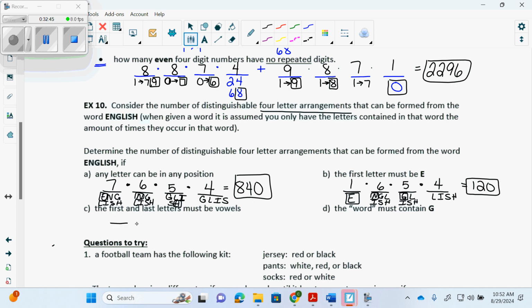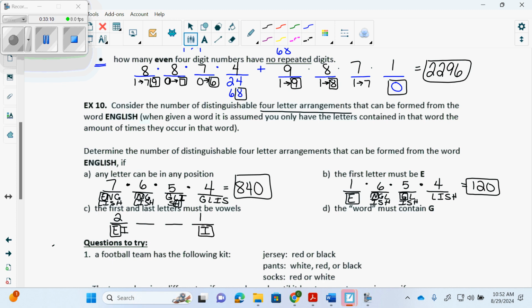So, the first and last letters must be vowels. I can start at the first or I can start at the left. It doesn't matter. I always start at the left. It's just my thing. So I have E and I for here, which is 2. Then what do I have to remember to do? Yeah, box one. So I can box the E or the I. I'll box the E. Then I have an I back here, which is 1.